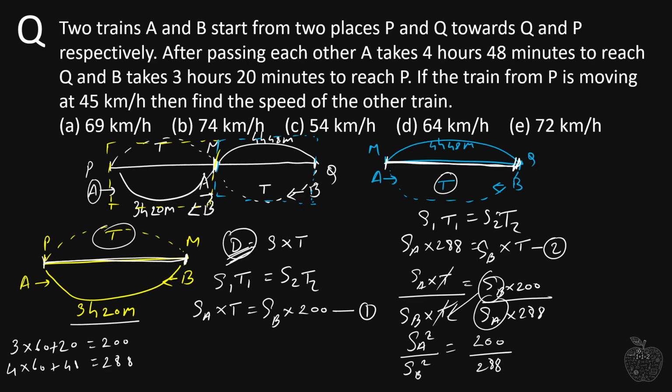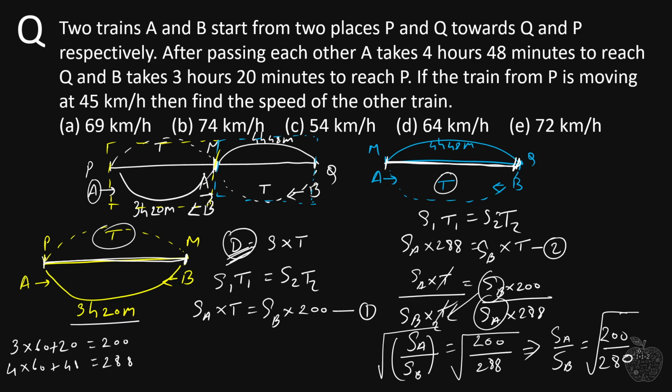SA squared divided by SB squared can also be written as SA over SB whole squared. After taking the square root on both sides, the square is removed, so we get SA over SB is equal to the square root of 200 over 288.